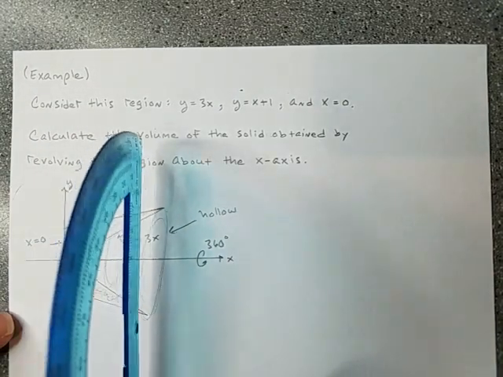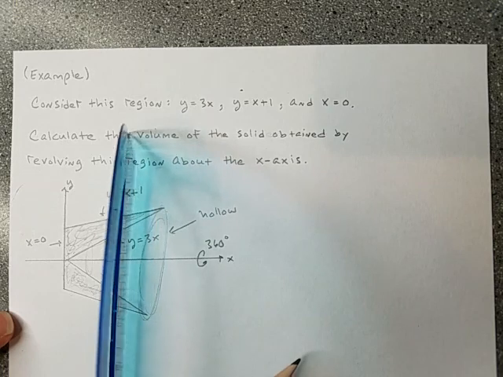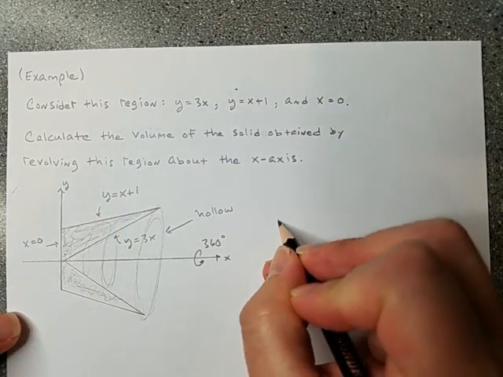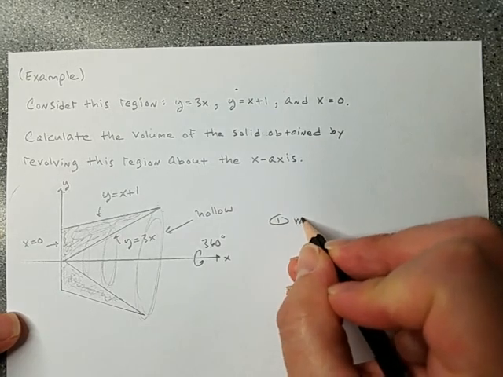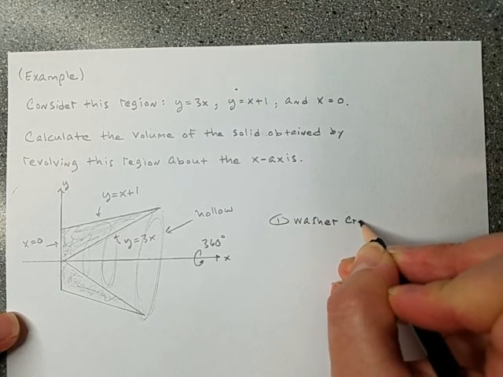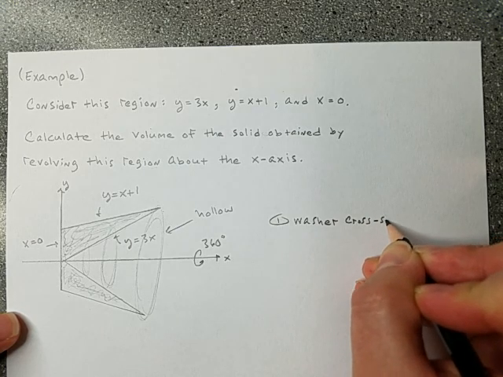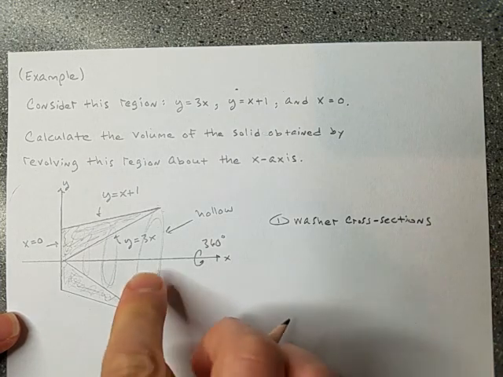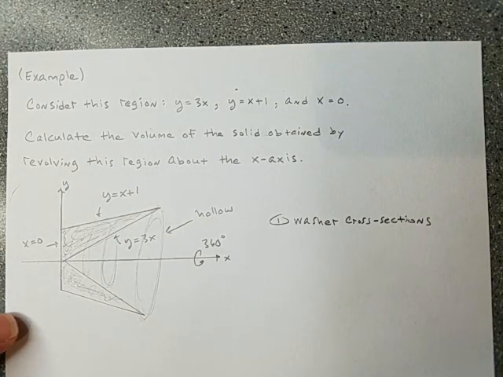Say you cut it into slices. What would they be? I'll say that they would be washers, and that comes from the fact that it is hollow in the middle.